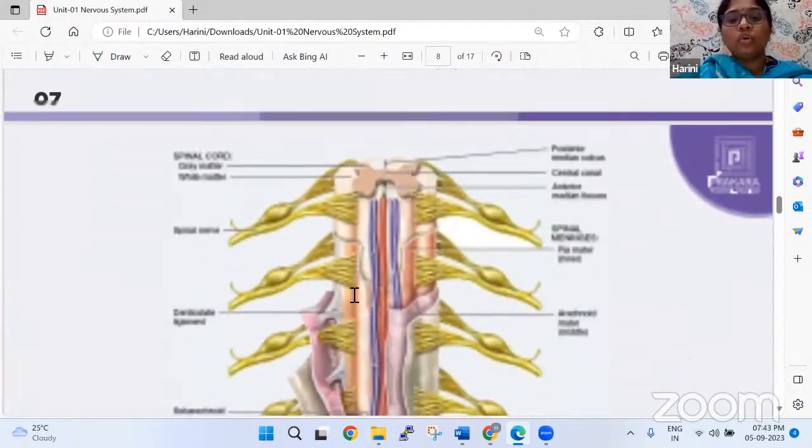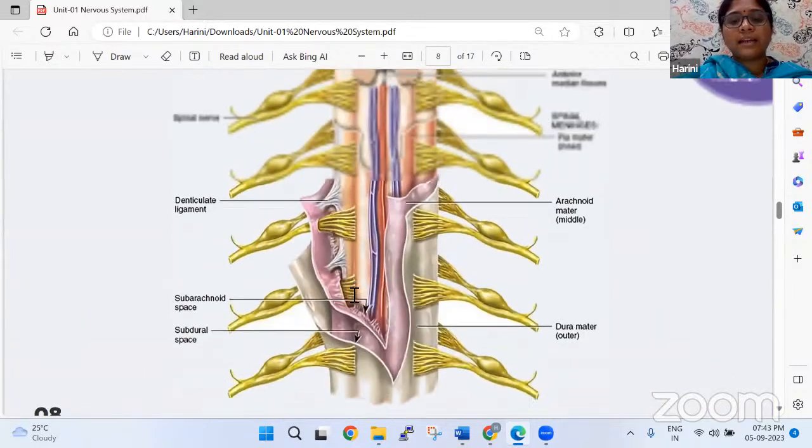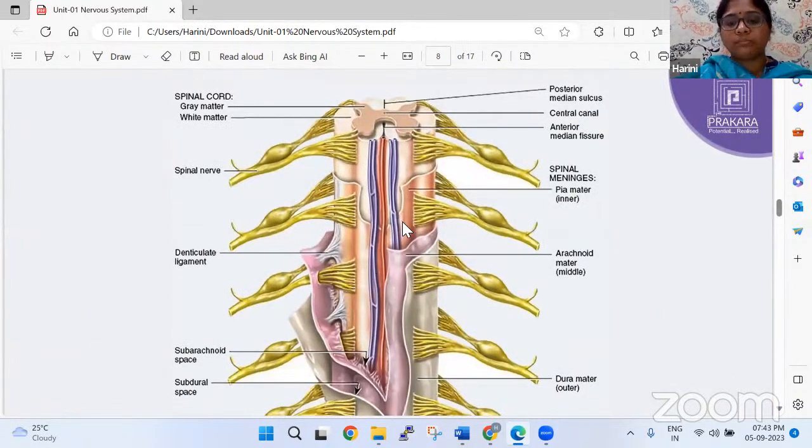Next, we'll go with the next part, that is the spinal cord, right? What is the spinal cord? You all know, the spinal cord is the major strong rod which helps give you that posture, right? The spinal cord is the next part of the central nervous system, which is mainly protected by the vertebral column.